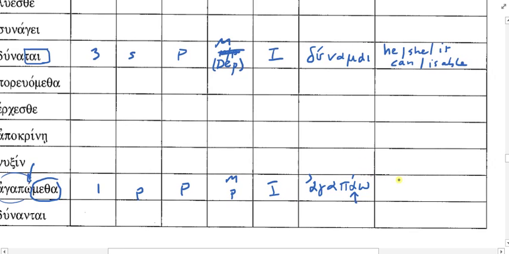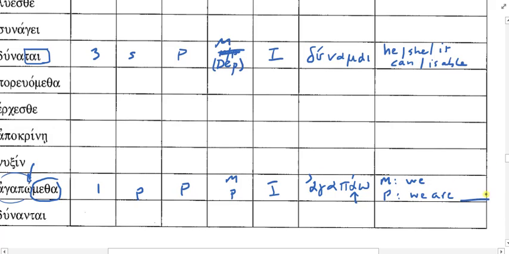So how am I going to translate this? First plural is who? We. So the middle meaning is something like we do such and such. Passive is going to be we are. Remember, because this is present passive, I'm going to use a present form of to be. We are blanked, right? So someone's doing this action to us.